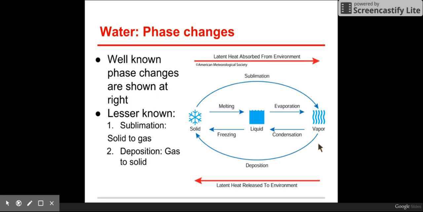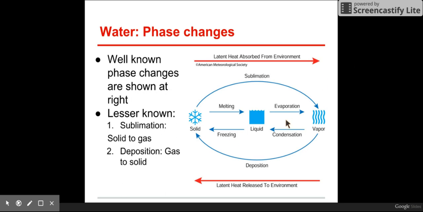If you remove energy from the system, in other words, you release latent heat into the environment, you go in the opposite direction. So water vapor would condense into a liquid. And if you take more energy away, the liquid will transition into a solid and freeze.